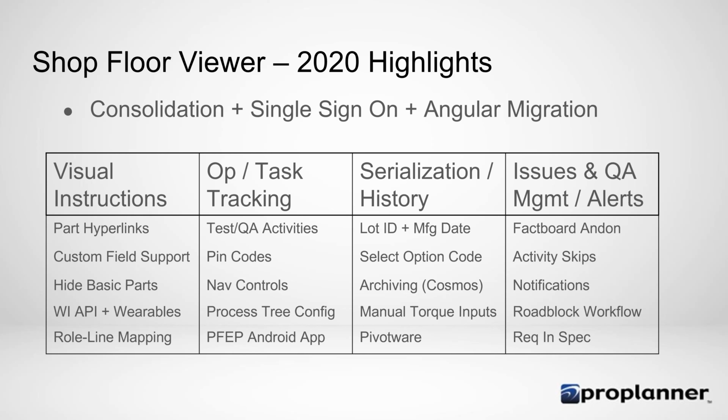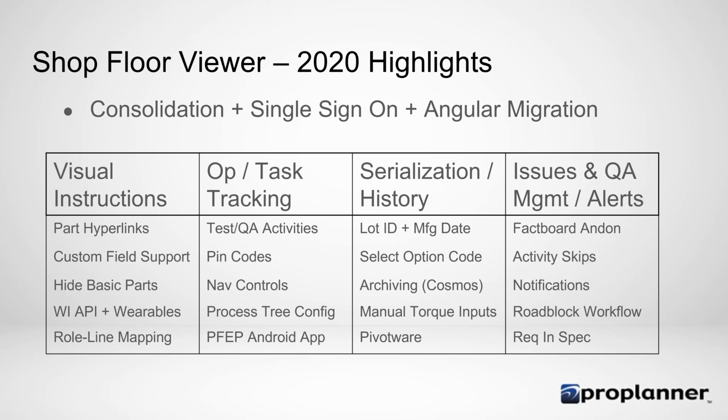That's a need that in nearly 20 years we hadn't seen before. There's always new things that come up for sure. But we really are now enabling operators to select certain option codes at the sign-on process to adjust the configuration of the unit and therefore the list of parts, tools, and activities that they'll need to complete.